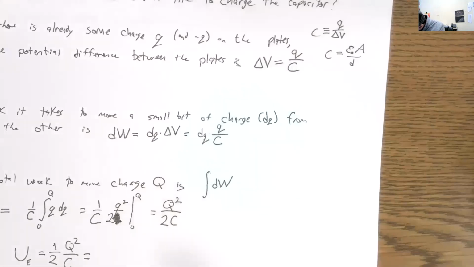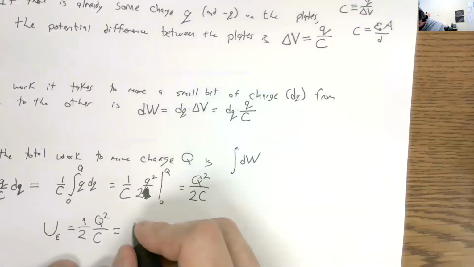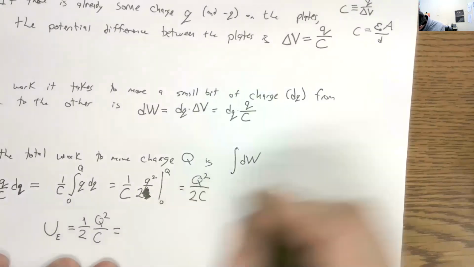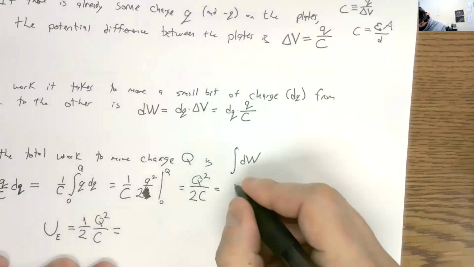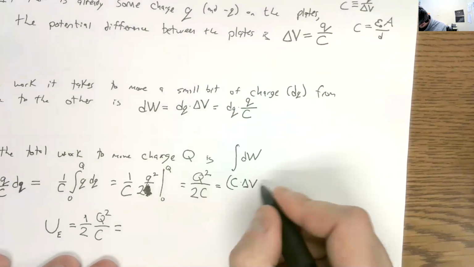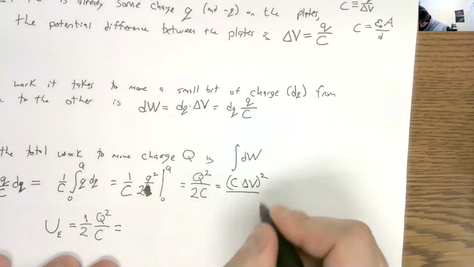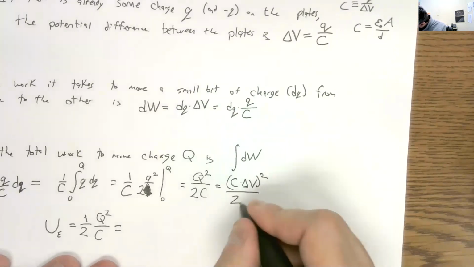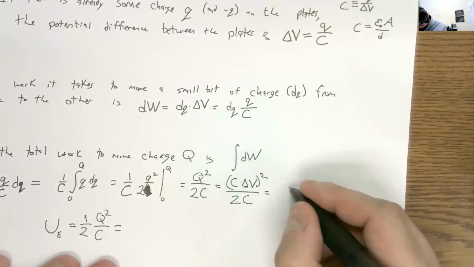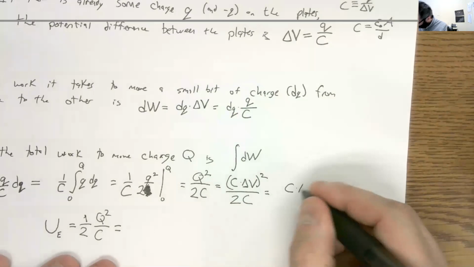So really, this is also going to be equal to, if I replace Q with capacitance times potential difference here, C times V all squared over 2C, which gives me C times potential difference squared over 2.